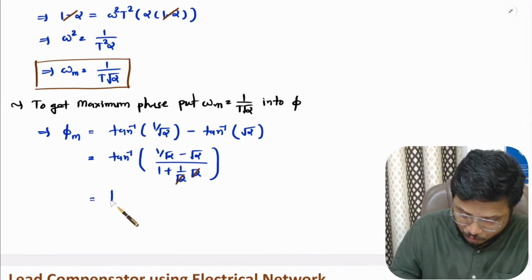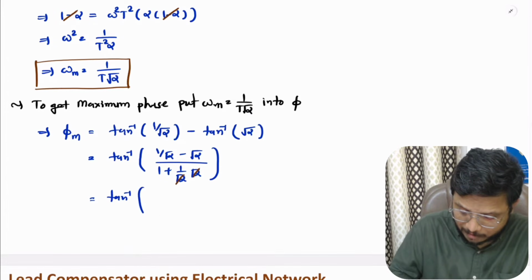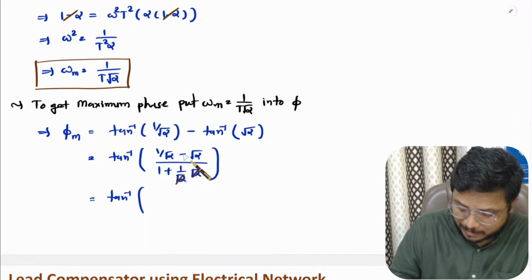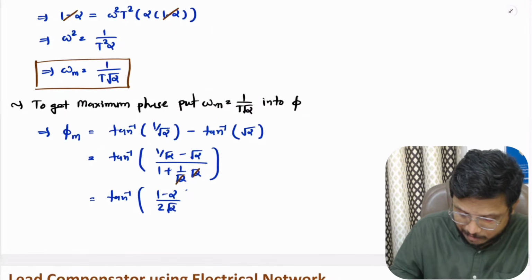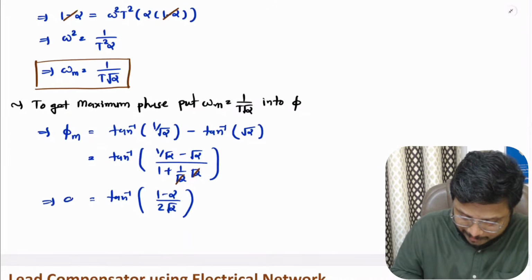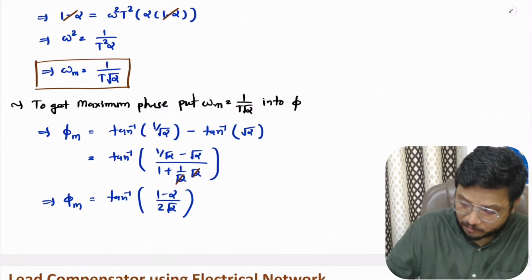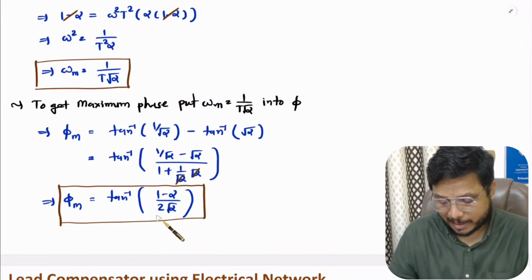And in the numerator, you will observe 1 minus square root of alpha into square root of alpha, that will be 1 minus alpha, and divided by 2 is there. Along with that, square root of alpha will be there. So this is the maximum phase of the lead compensator, right?